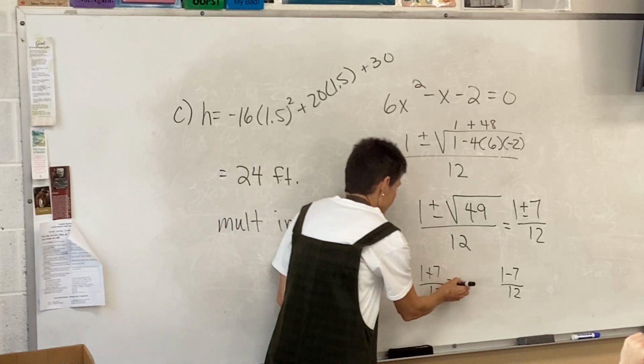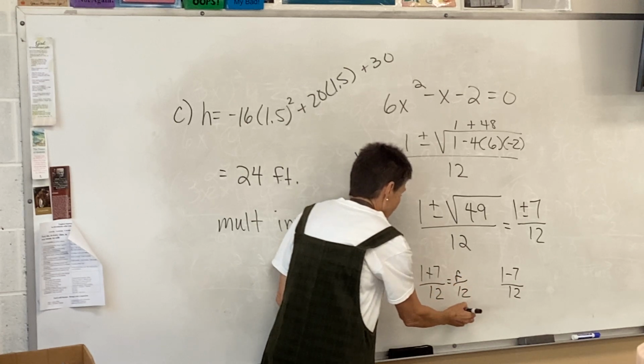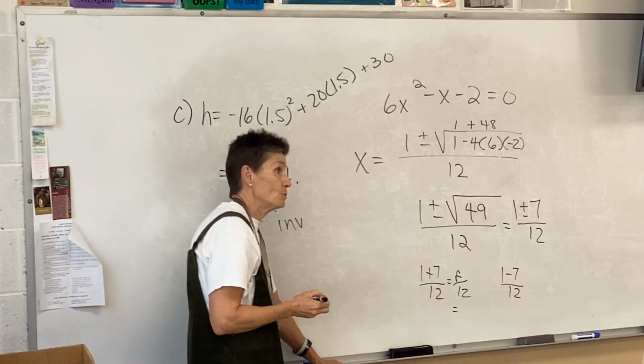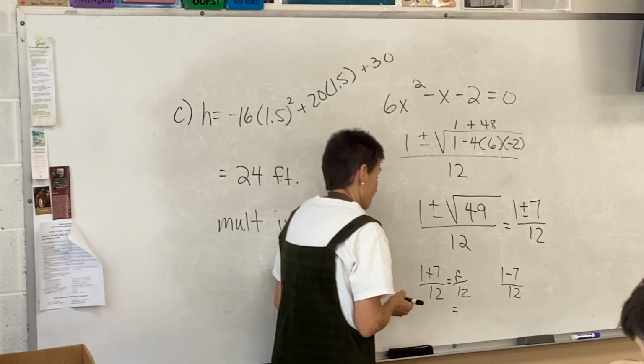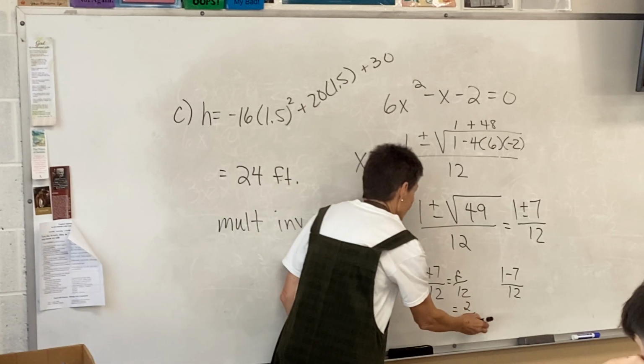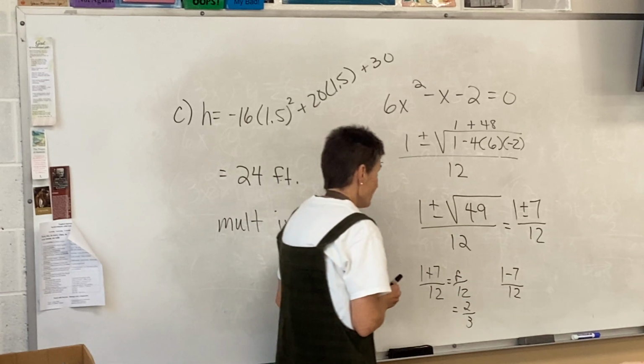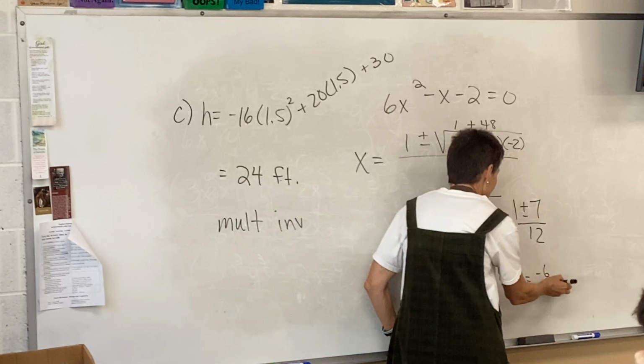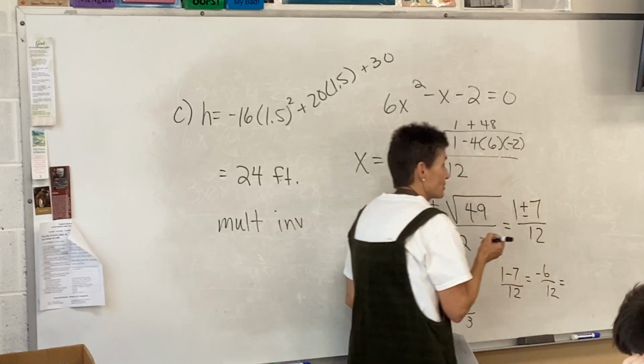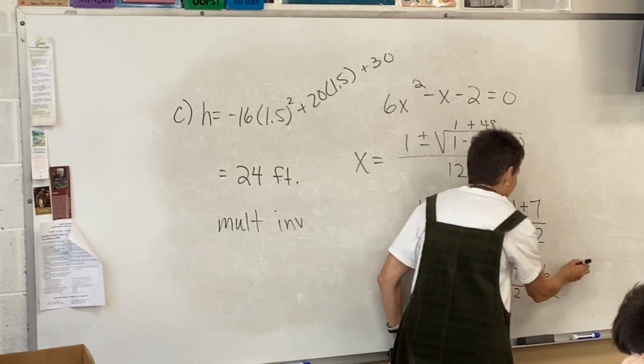So this is 8 over 12, which reduces to 2 over 3, divide by 4. This is negative 6 over 12, which reduces to negative 1/2.